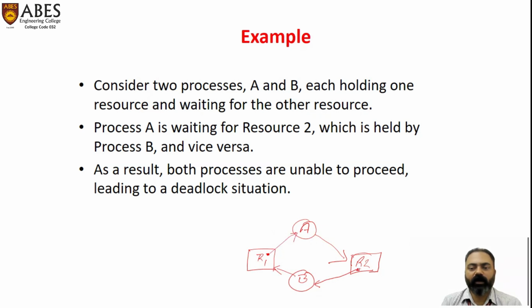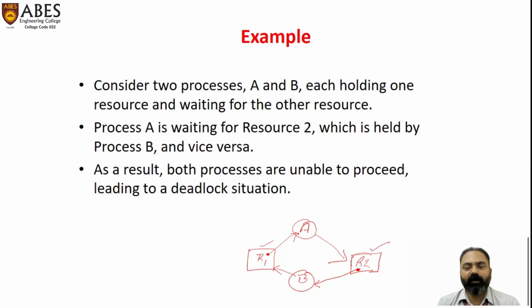Here I mentioned a dot inside the box of resource, which represents that there is only a single instance of that particular resource, means single instance of R1 and single instance of R2.